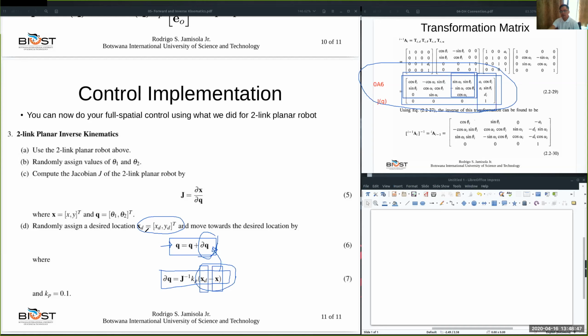For example, a two-link robot is specified to move in a plane, and for a three-dimensional joint in a 3D world, you have 3 joints. And for full spatial, you have 3 degrees of freedom of position and 3 degrees of freedom for orientation.